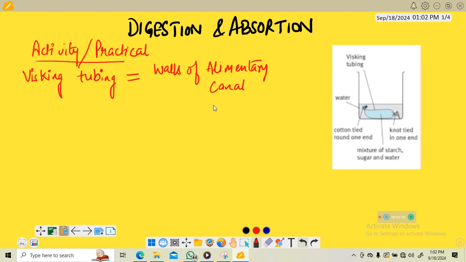The walls of the alimentary canal have tiny holes in them, which means only small molecules can pass through, but not the larger ones. Big molecules can't pass through. So Visking tubing is somewhat like this.